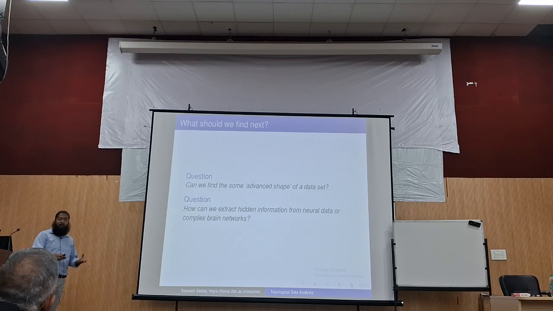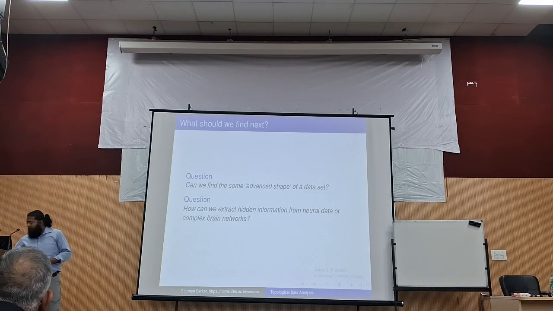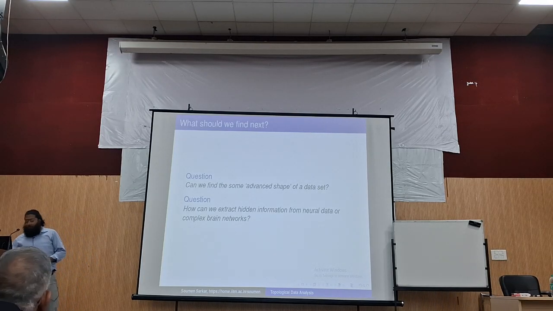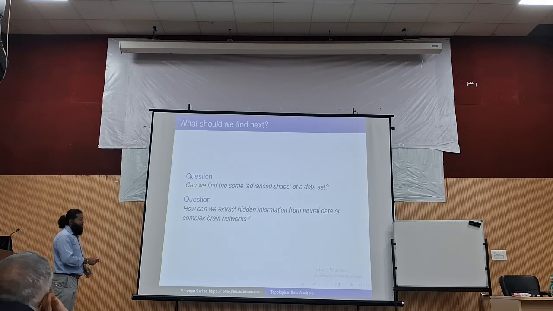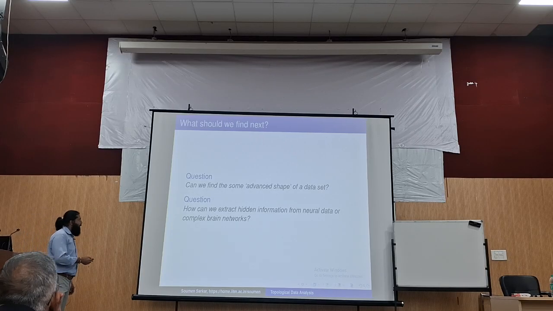Our brain network, if we subdivide it and look at how they are working, we will get million networks because we have million neurons. Right? Okay. So the question, if you want, you can try to make more questions also. So these are the basic questions.